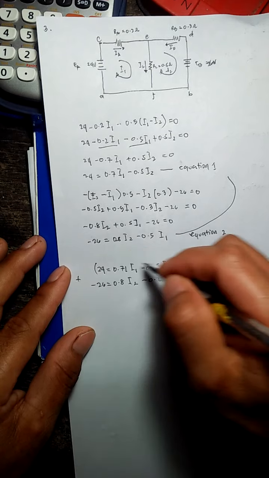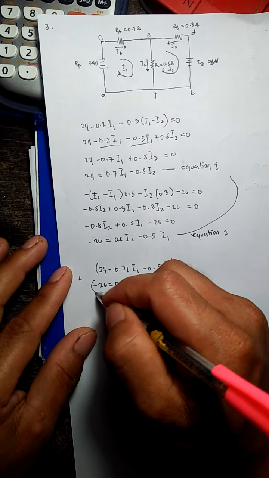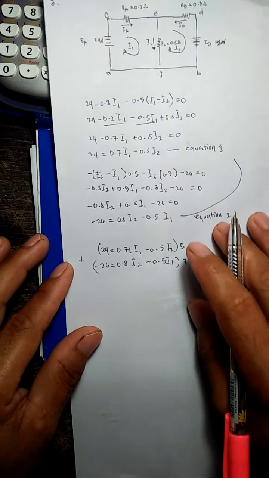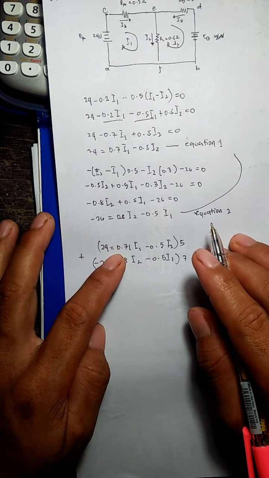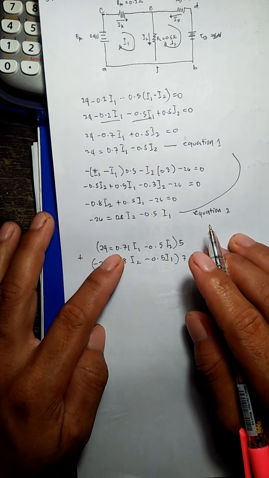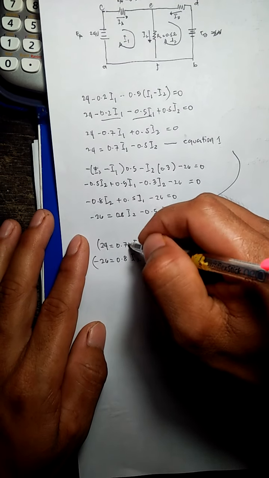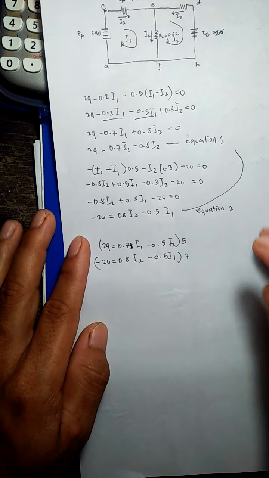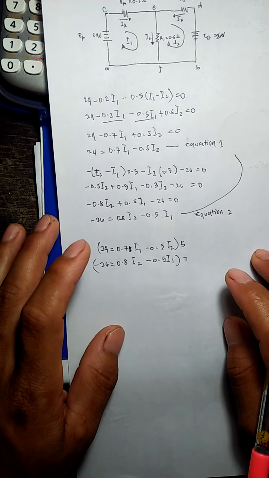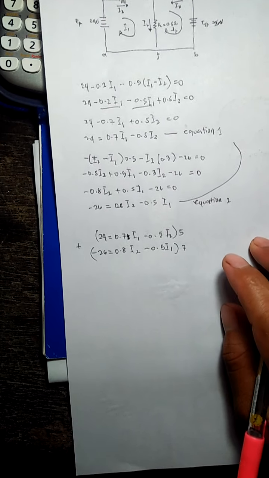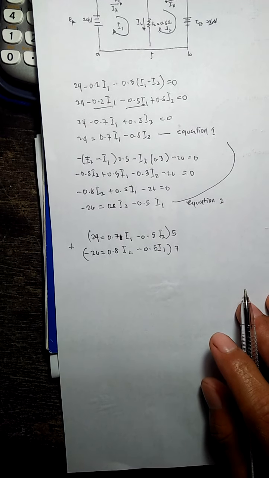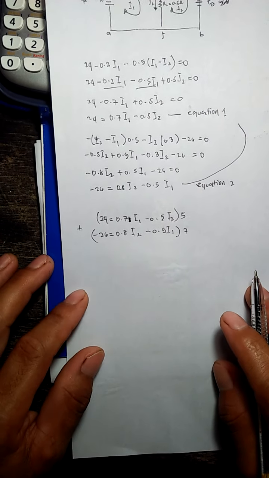Add, but this time we will multiply by 5 and by 7, since the decimal points can be written as fractions, so we multiply by 5 and 7.